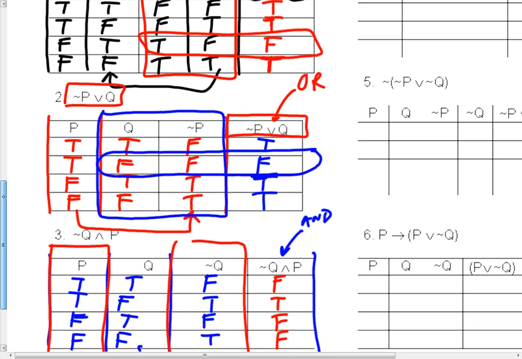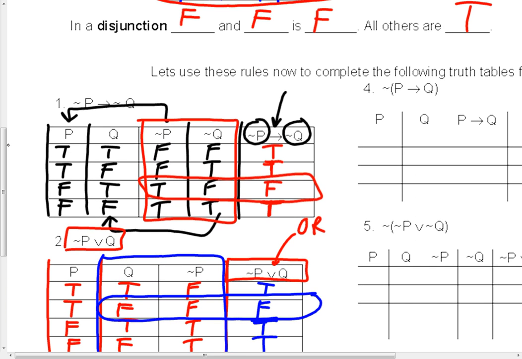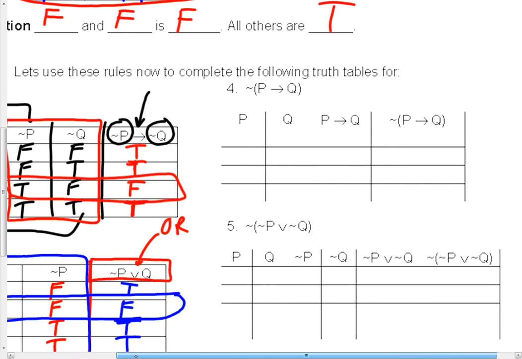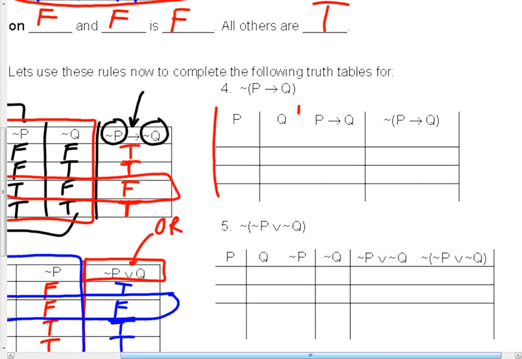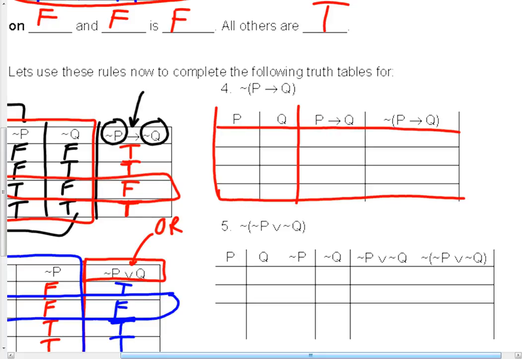Question 4. Just because we have more information next to the negation symbol doesn't mean that it's any different. What did we do over here to get this column? All we did was reverse it, right?